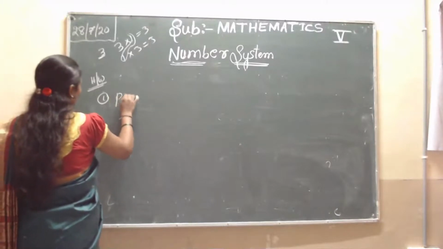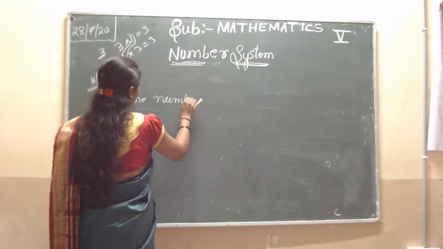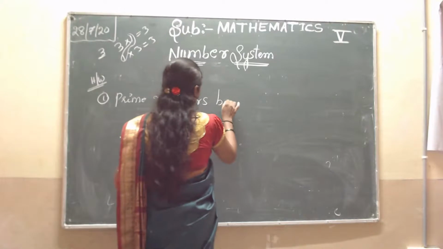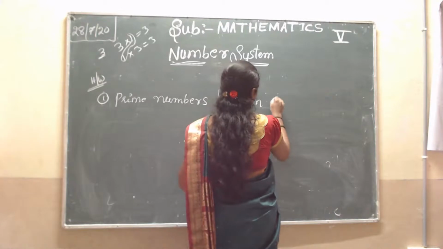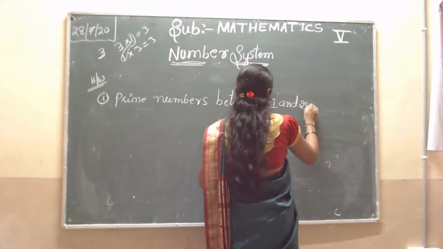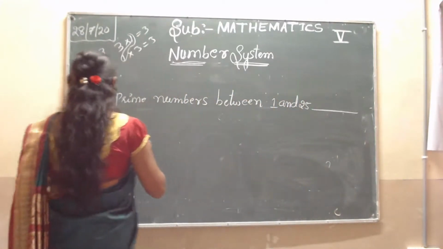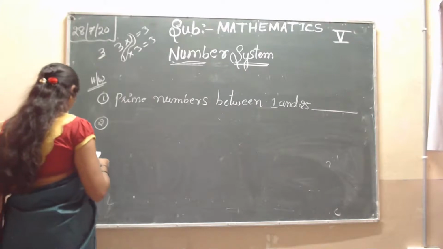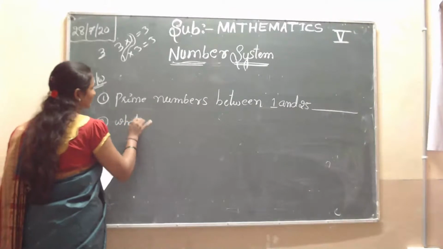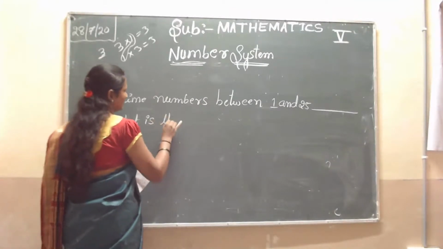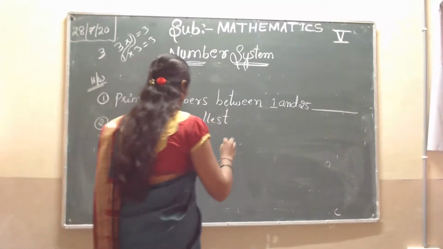First question: how many prime numbers are there between 1 and 25? We completed this. Second question: what is the smallest whole number?